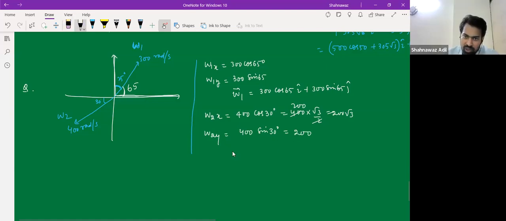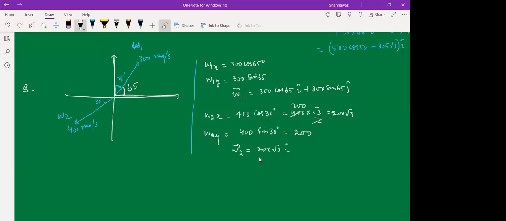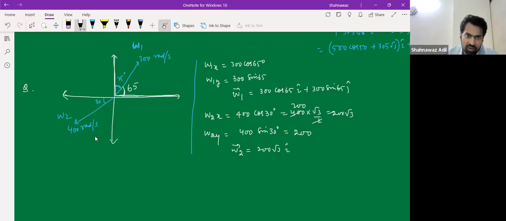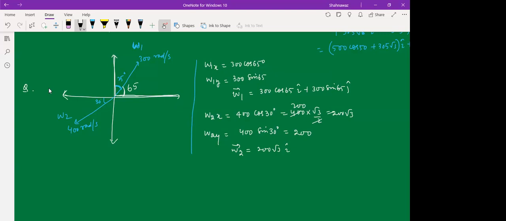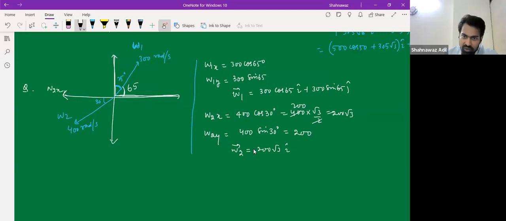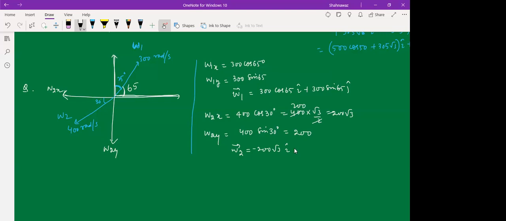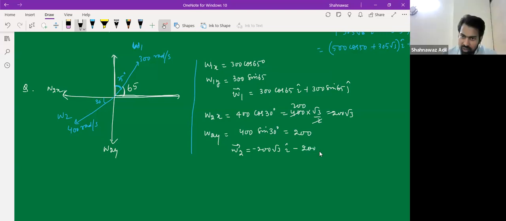Then the omega 2 vector would be 200 root 3 i hat, minus or plus? Look again. It will be minus, so this is minus i. And what about this j? Minus j cap. So again minus.